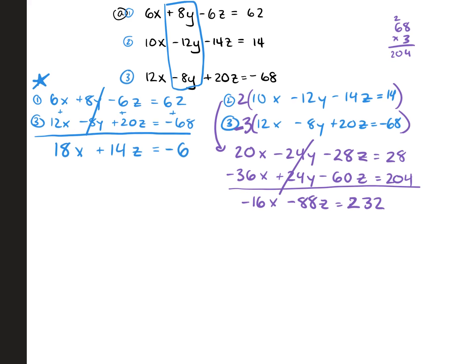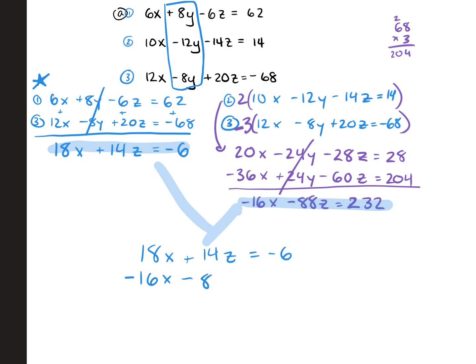What do we do next? So I'm going to take the two equations that I just formed, these two, and combine them together. 18x plus 14z is equal to negative 6, and negative 16x minus 88z is equal to 232.